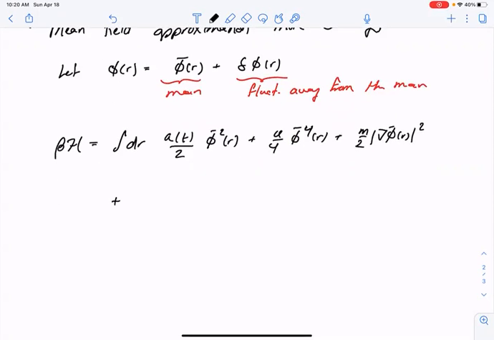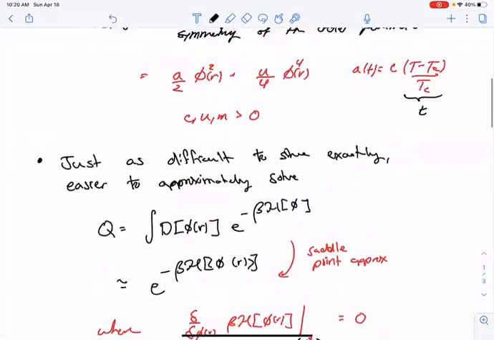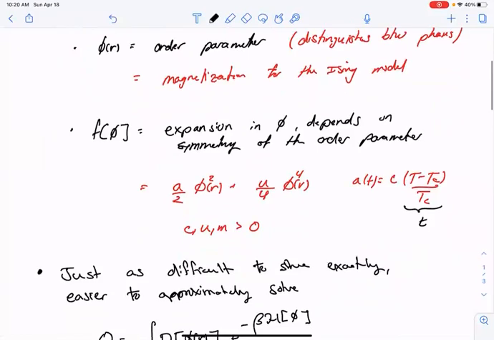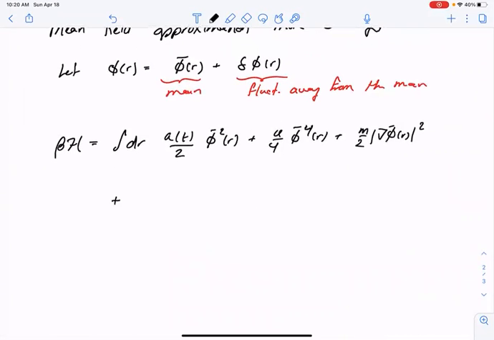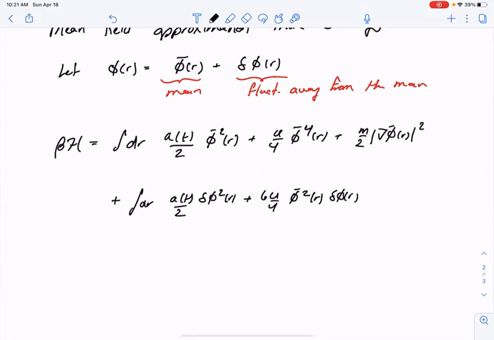But in addition, putting in phi in these three places that it appears, in phi squared, phi 4, and the squared gradient term, just factoring all that out, we would get a quadratic term in the fluctuations, plus a mixed term that went as phi bar squared times fluctuations squared. So that's the full quadratic piece.